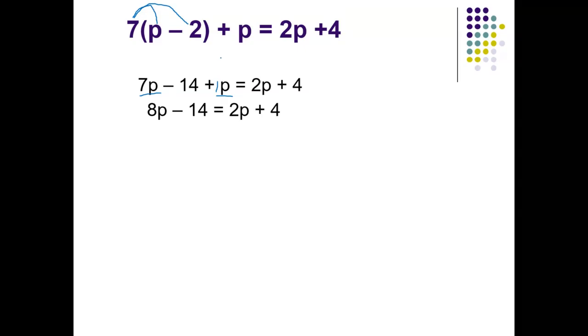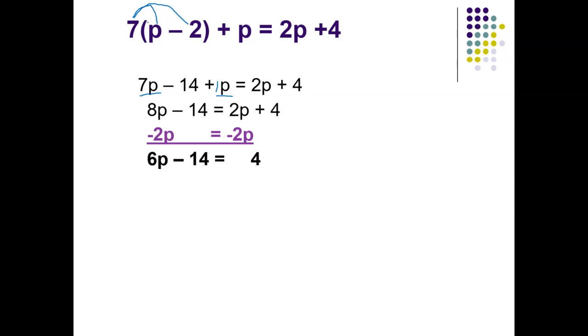Once again, I have to eliminate either 8p or 2p because they're on separate sides of the equation. I decide that I'll get rid of the 2p. By doing this, the 2p's get canceled, and I end up having 6p minus 14 equals 4. Now I want 6p by itself.